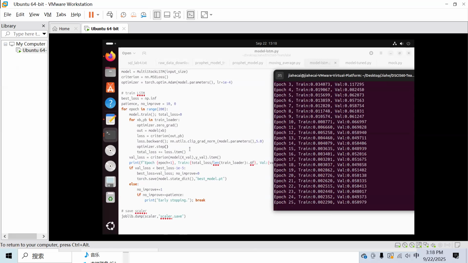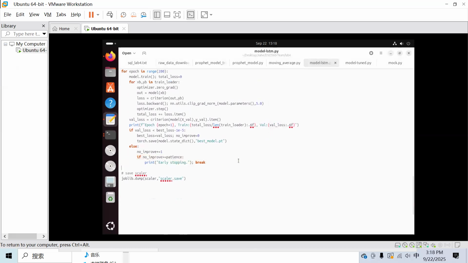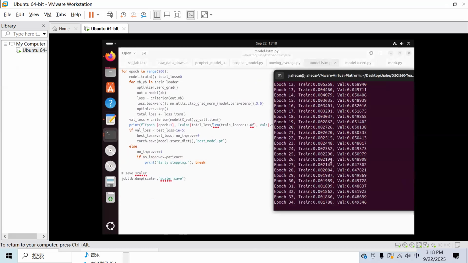I use the early stopping rule so that the calculation won't be wasted once the model isn't improving much in past epochs. Then after training on the 7 years of raw data, I save the best model in a separate file and also the min-max scaler in a separate file.